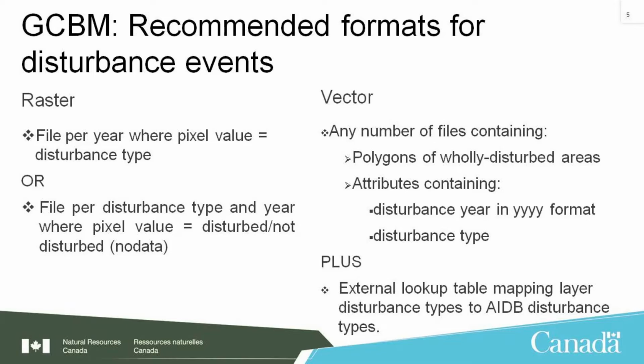In other words, what's displayed on your simulation map is exactly what gets simulated. The vector layer files will also require attributes including the year of disturbance and the type of disturbance. These will be paired with a lookup table that maps non-standard disturbance type names in the spatial layer to actual names of disturbance types in the GCBM's archive index database.